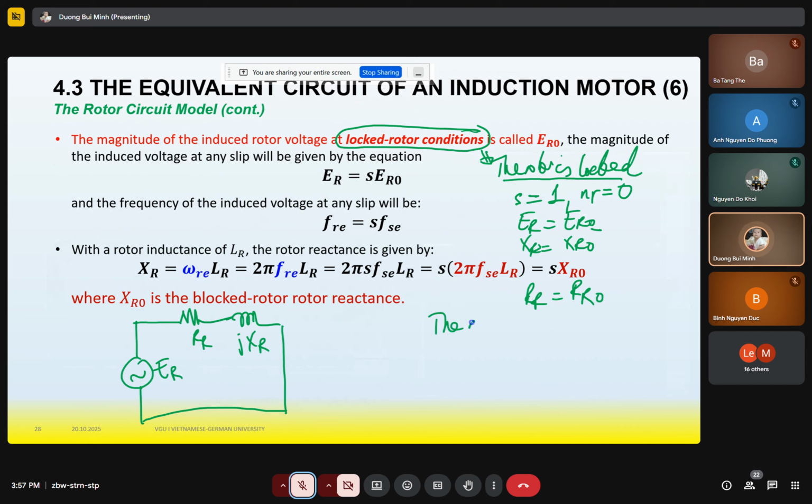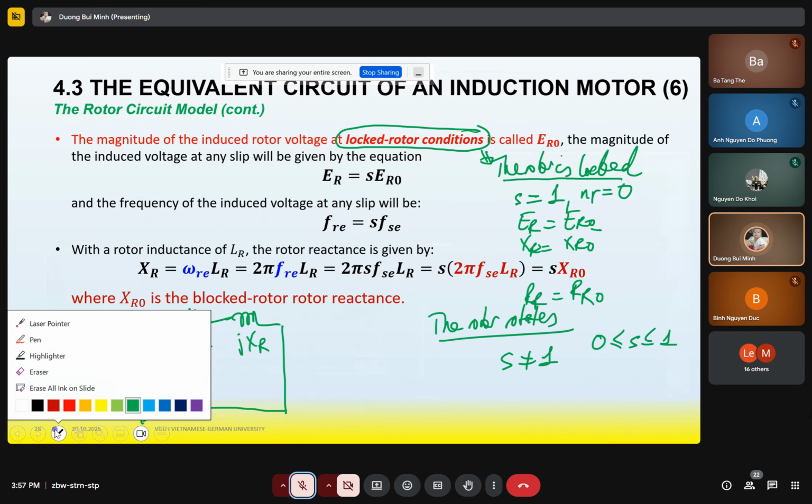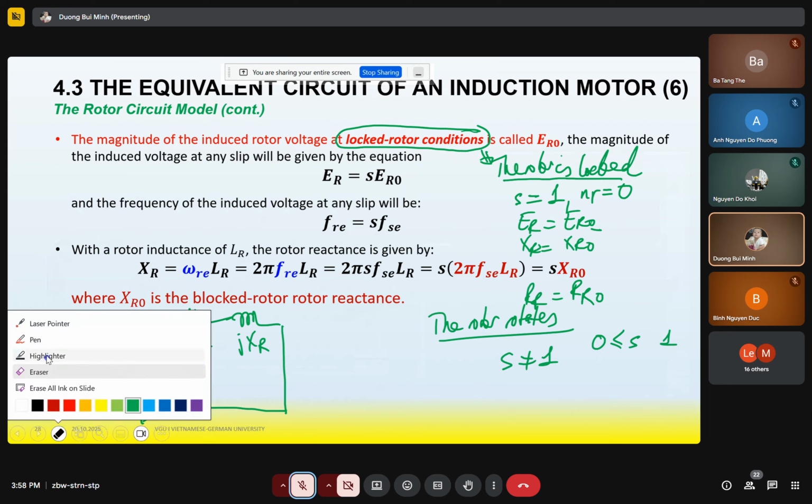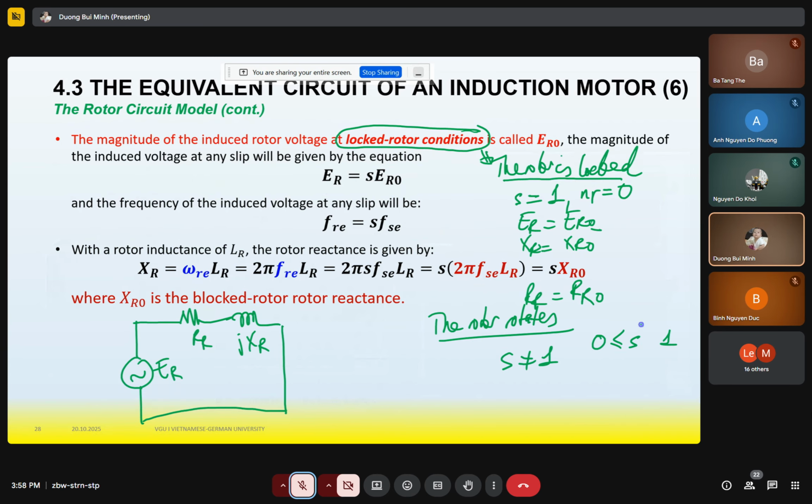So if the rotor rotates, S is different from 1. Of course we know S is higher than or equal to 0 and less than or equal to 1. So if it rotates, that means S is not equal to 1, just less than 1.